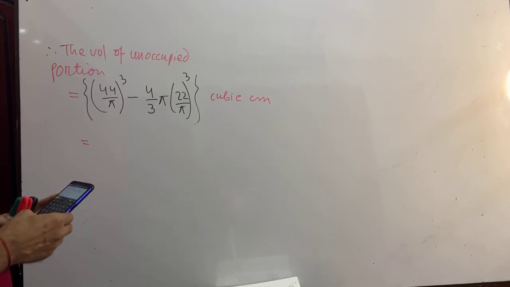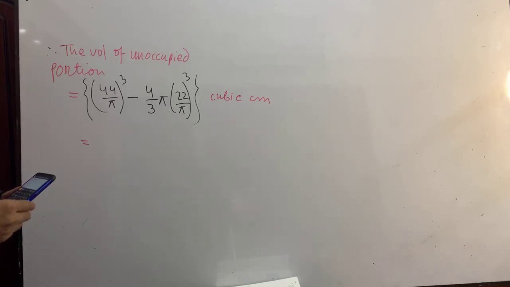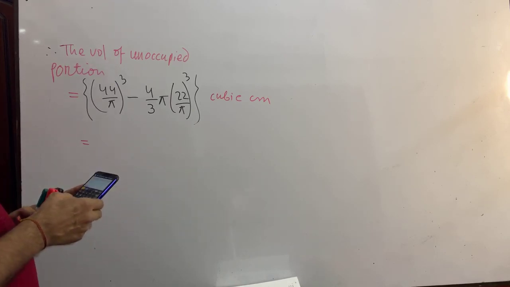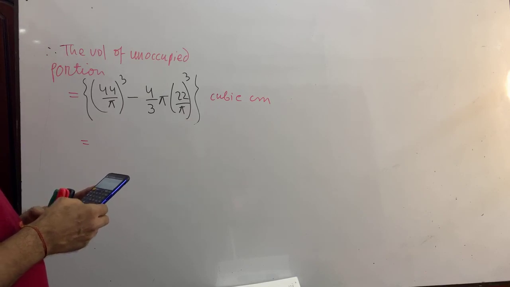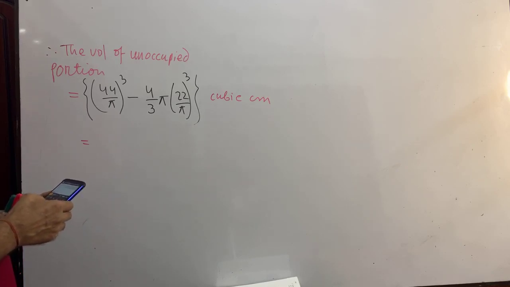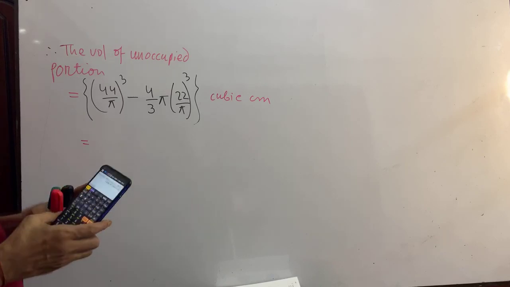Power 3, minus first bracket 4 divided by 3, into pi, 3.1416, okay, into first bracket 22 divided by pi, 3.1416, okay first bracket is done, into power 3 is equal to, we have got it.